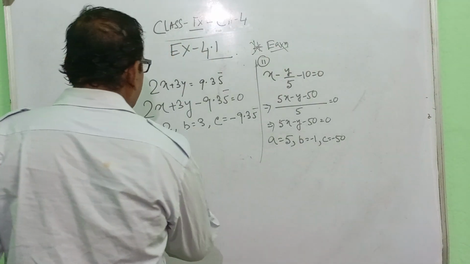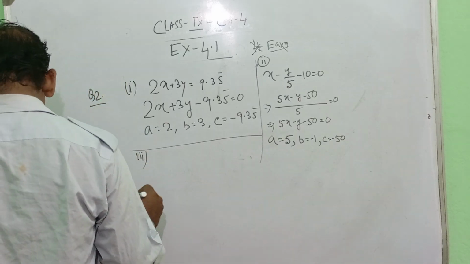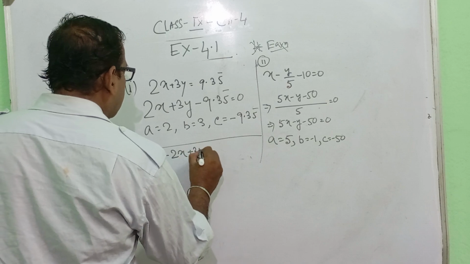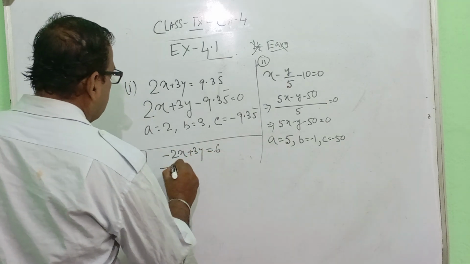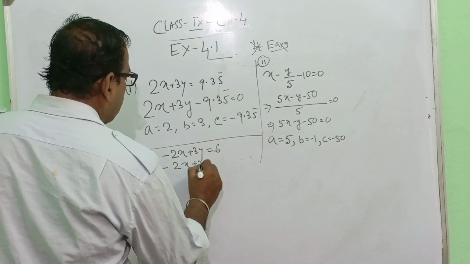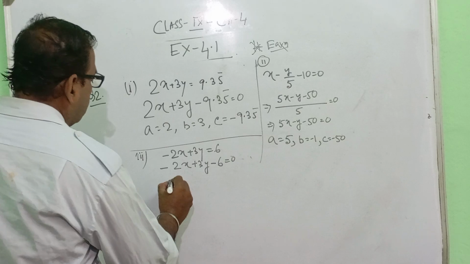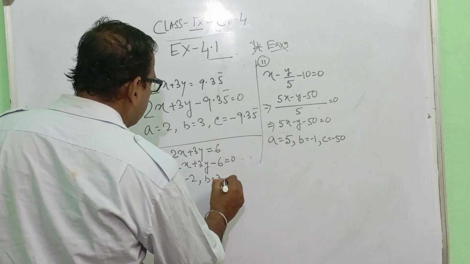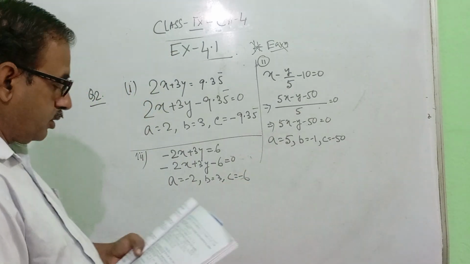Now we go for question number 3. What have they given? Minus 2x plus 3y is equal to 6. It is minus 2x plus 3y minus 6 is equal to 0. Then a is equal to minus 2, b is equal to 3, c is equal to minus 6.